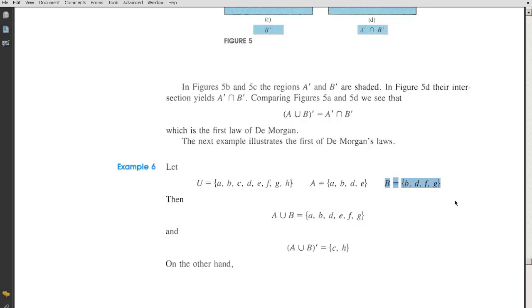But just checking for a specific U, A, and B doesn't mean that it's always true. To show that it's always true, you can do the Venn diagrams, and that will mean that it's always true. This is just an example of one of DeMorgan's laws. Of course, if it's always true, it has to be true for this example in particular.